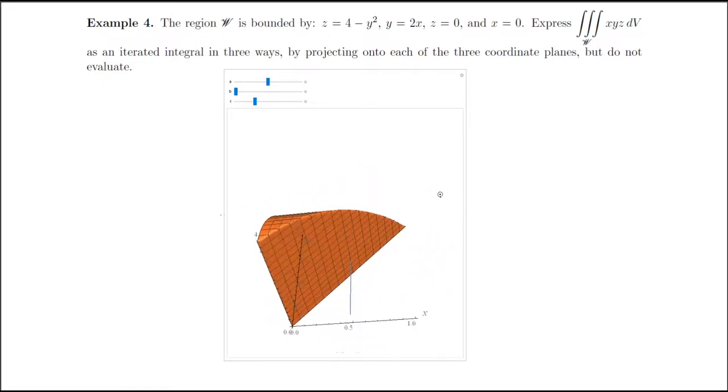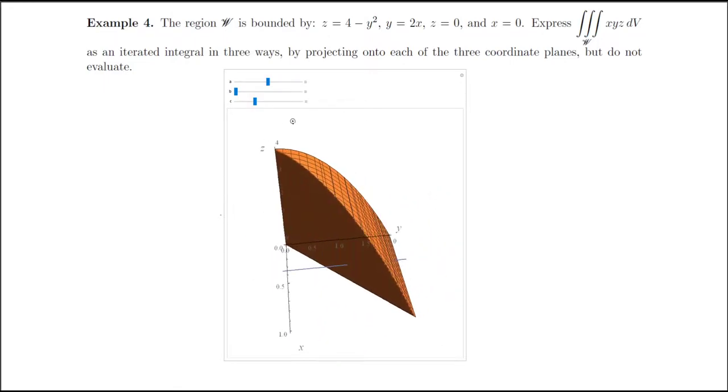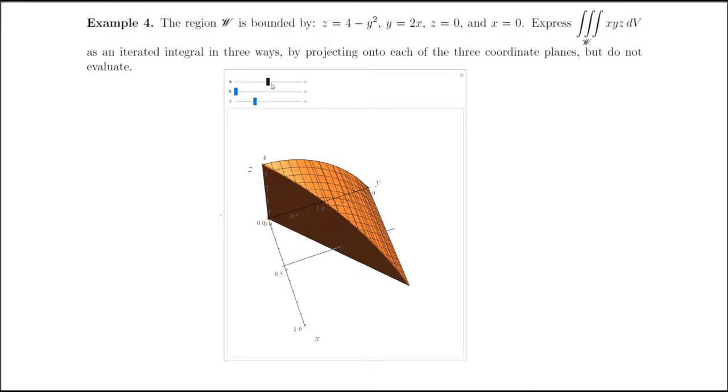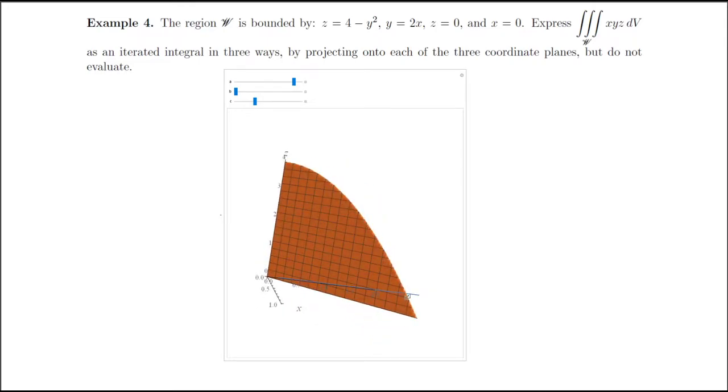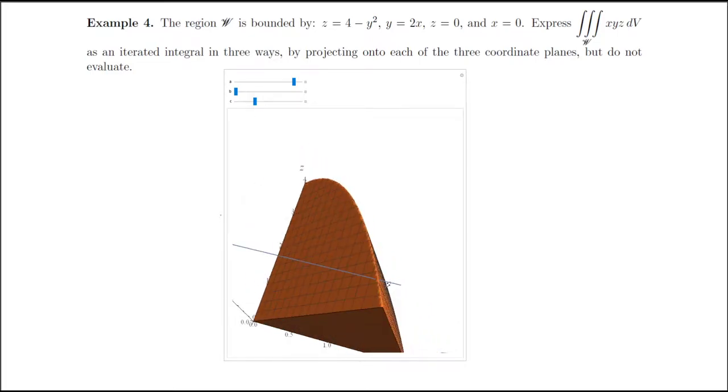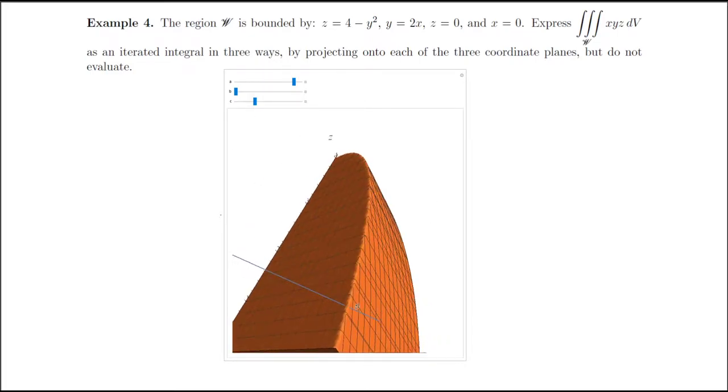And again, we can play the same game. If we move this point, right, if we vary this, maybe we increase it a little bit so it's at the tip. And we look down, ooh, a little hard to see, but it is actually still the parabolic cylinder.